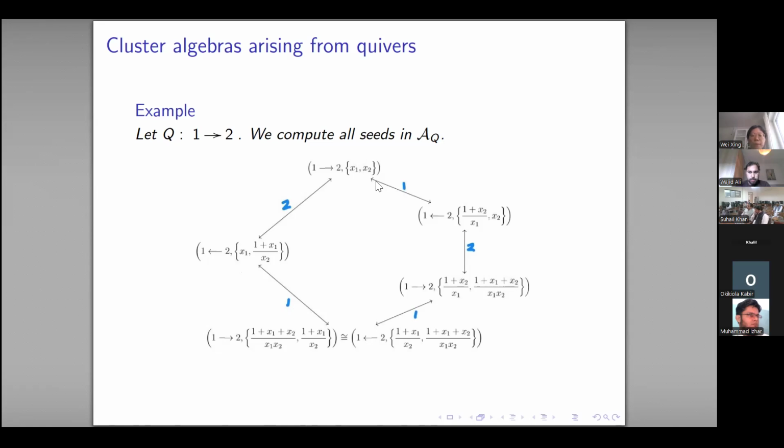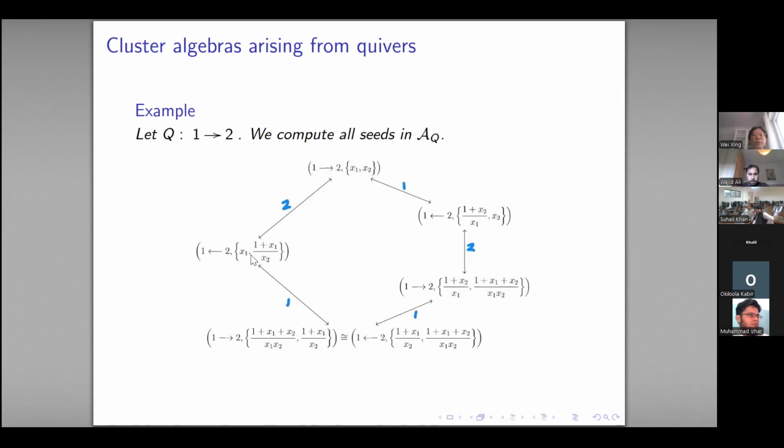Then we'll get this one. On the other hand, starting from the initial seed, we can first mutate at 1, then we get this one. Mutating at 2, we get this one. And 1 again, and this one. If we compare these two seeds, they're almost the same. It's just that the positions of 1 and 2 are swapped. So we take this as the same seed.